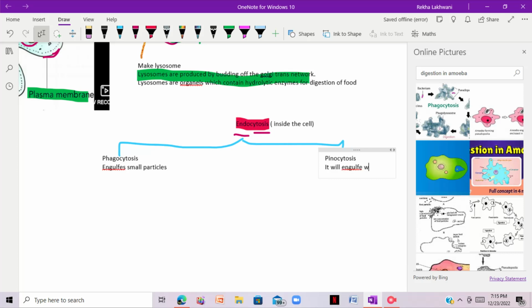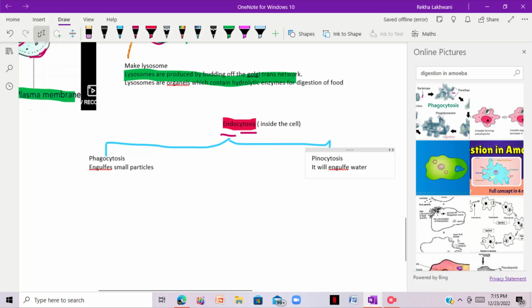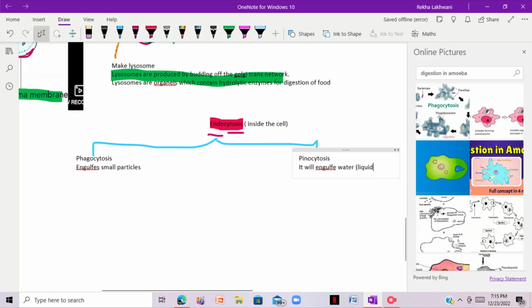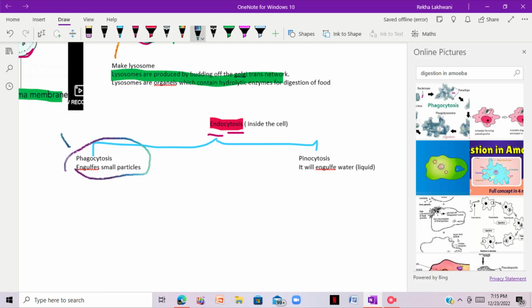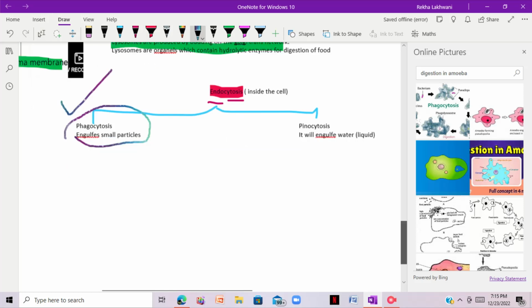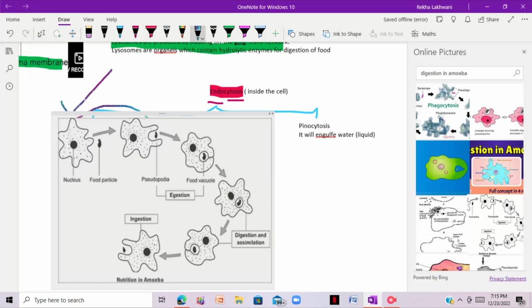Now the lysosome, as we have discussed, will join with the food vacuole. This lysosome contains hydrolytic enzymes that will digest the food particle.